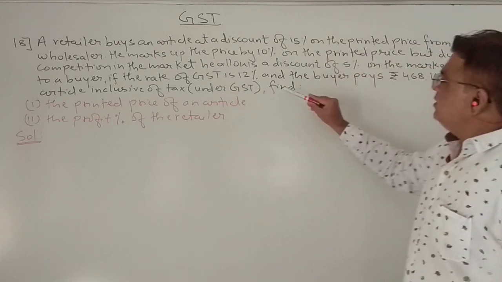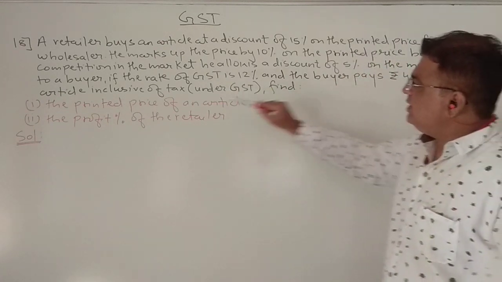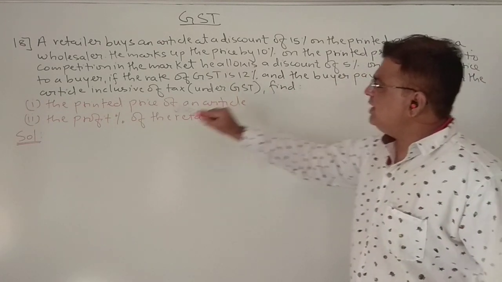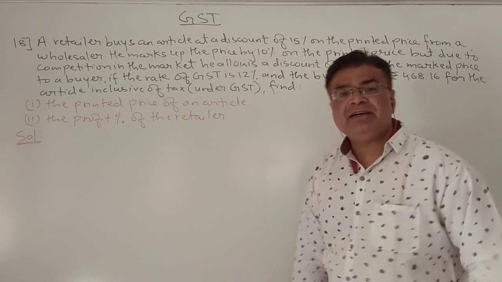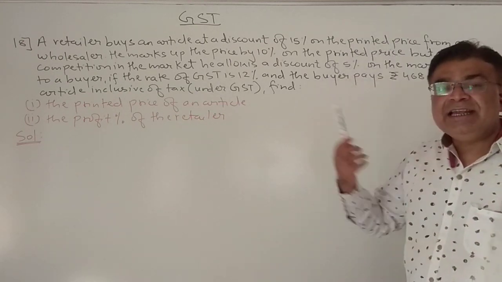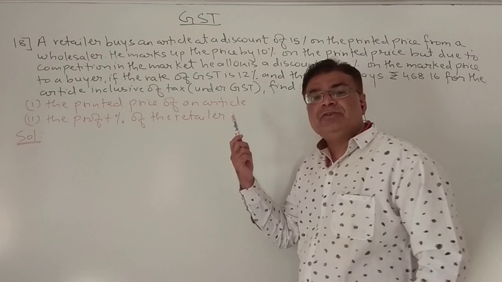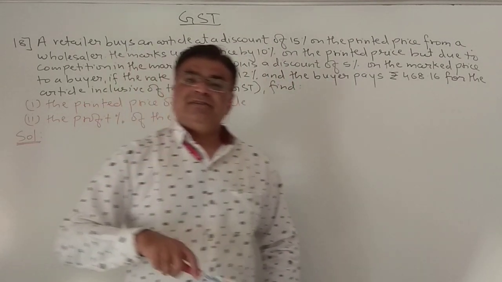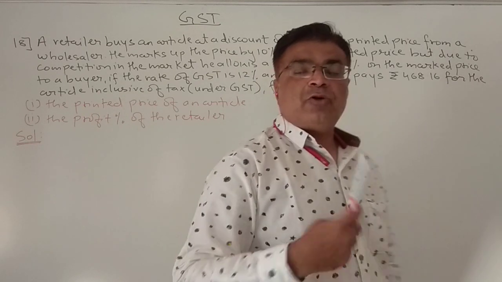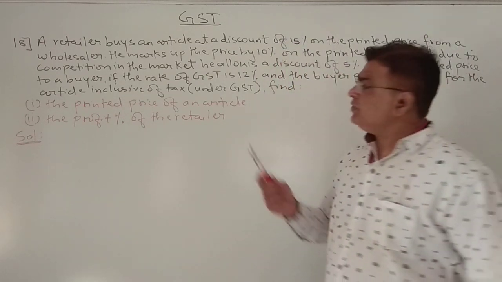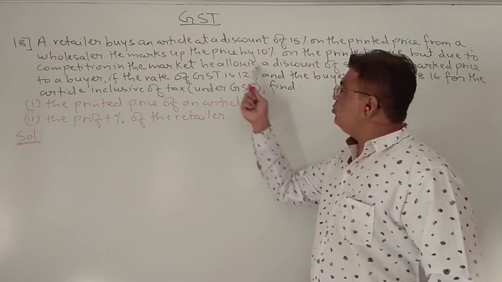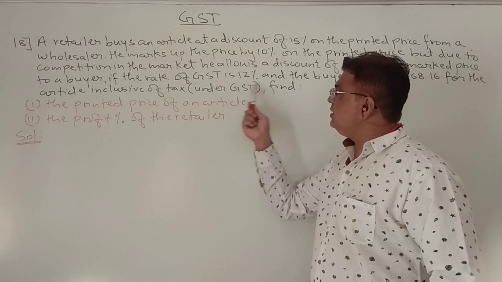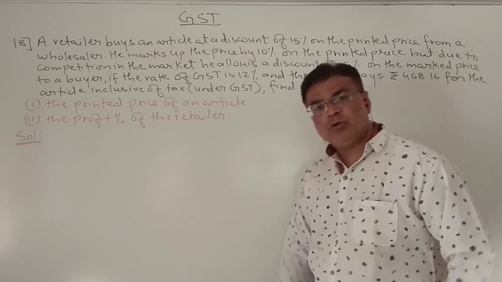And from this you have to find the printed price of the article and the profit percentage of the retailer. That's why intrastate or interstate is not given, and they are not asking anything about the net GST payable. So here you will take the rate as 12% only.